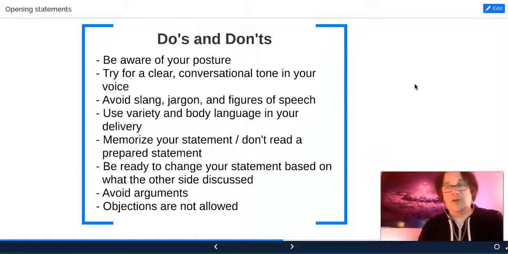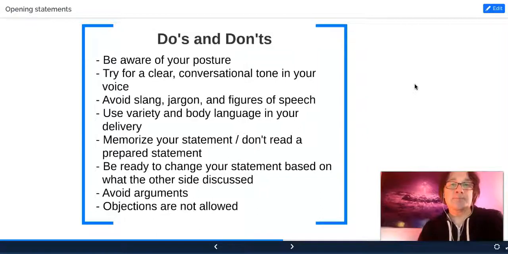You could have bullet points, or you could have the script in front of you, and you could refer to it, but you should definitely practice the opening statement. This is your first impression to the jury, so it's important. It's an important opportunity to make a first impression, right?